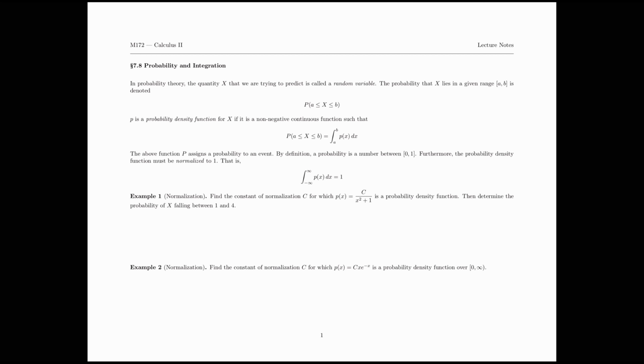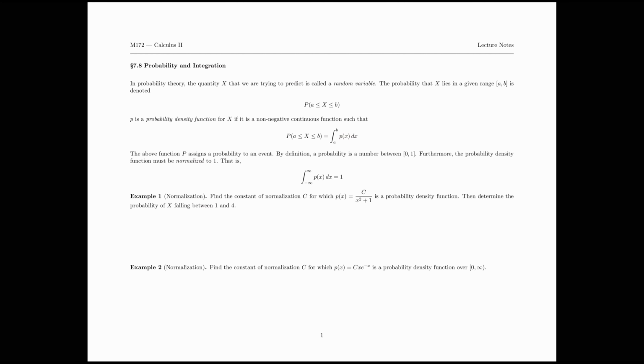In the field of probability, if there's a quantity, for instance maybe an event, capital X, the probability of it falling between value A and value B inclusively can be found by integrating a so-called probability density function for this random variable X. So what's the probability of X having a value between A and B? Well, it's the integral of the probability density function for that random variable.